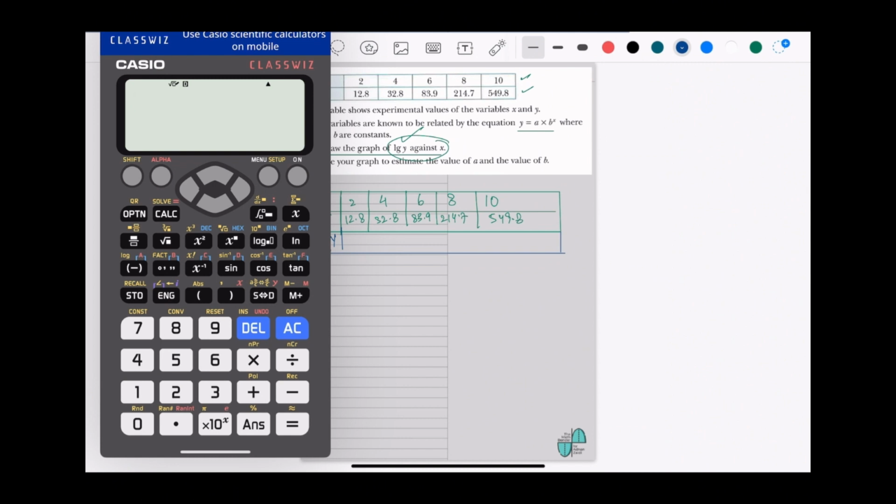So now the values: LG of 12.8 is 1.11, and then LG of 32.8.